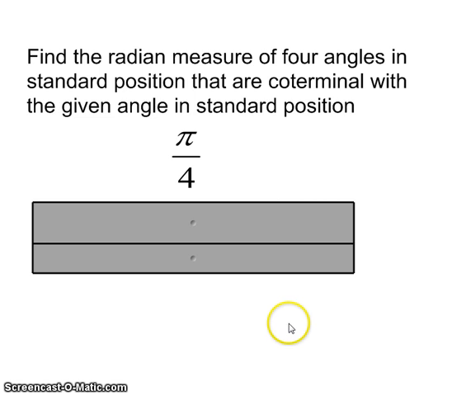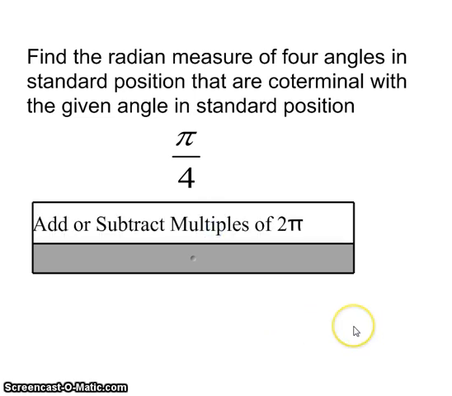So again, the last time we learned this, we found out that we are adding and subtracting multiples of 2 pi, and that's still the same, okay? And here, we saw this same formula a few days ago in degrees, but now we're doing the same thing in radians.